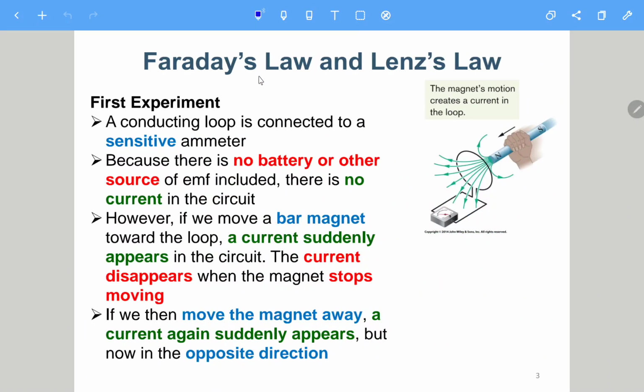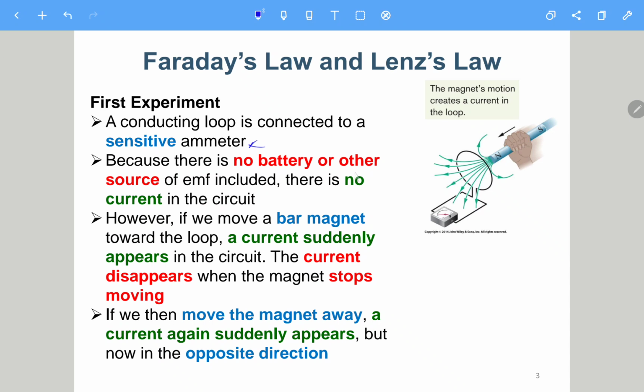Okay, so here we talk about Faraday's law and Lenz's law. Here is some introduction about these two laws. First, we look at an experimental setup. It says a conducting loop is connected to a sensitive ammeter. An ammeter is a device to measure the current of a loop.